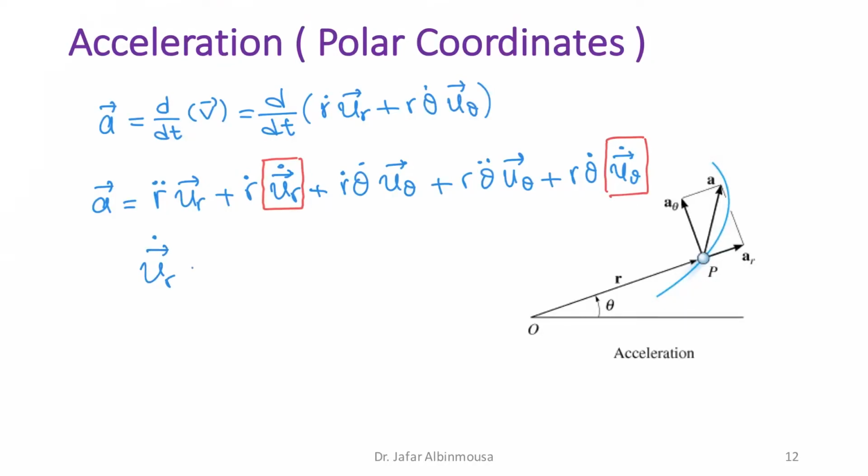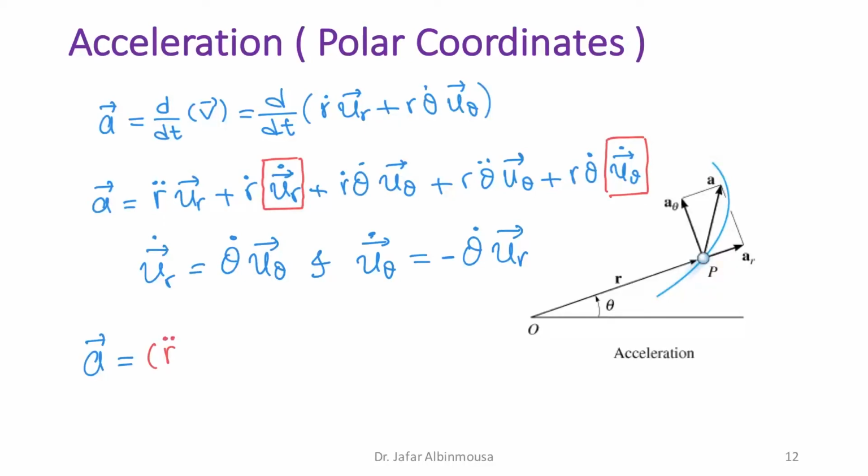I'm not going to go through the derivation, but I'll let you know that ur dot is equal to theta dot u theta, and u theta dot is equal to minus theta dot ur. Now if we substitute this, we get the acceleration vector equal to r double dot minus r theta dot squared, times ur.